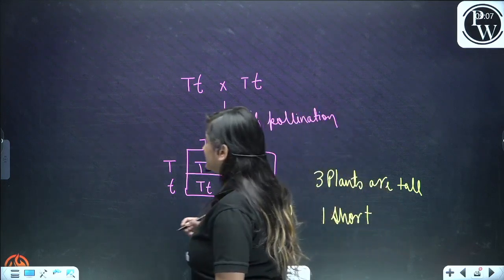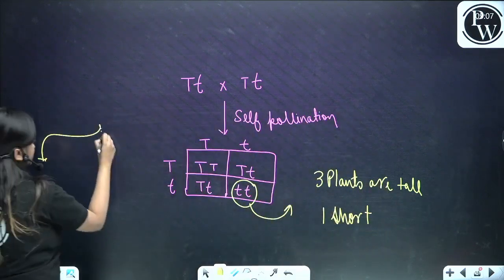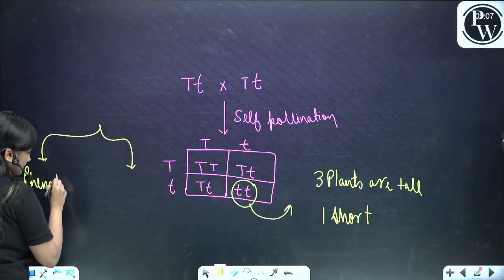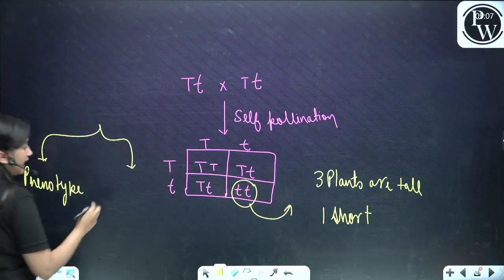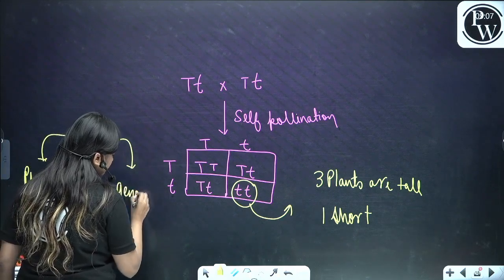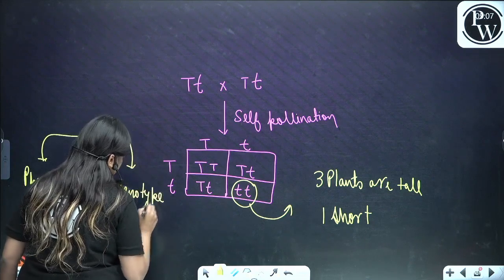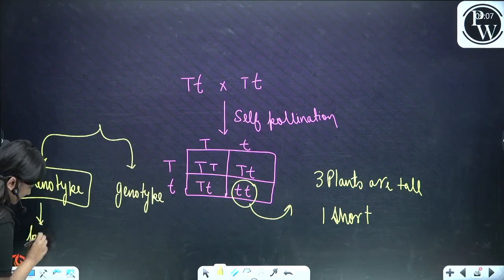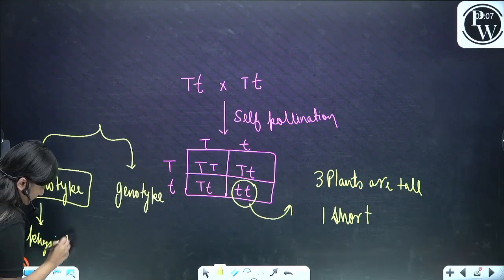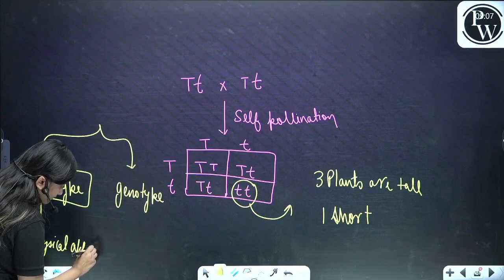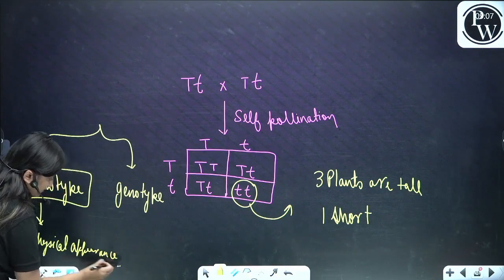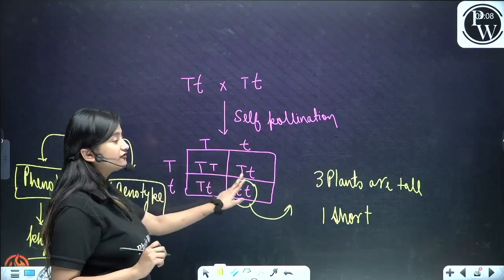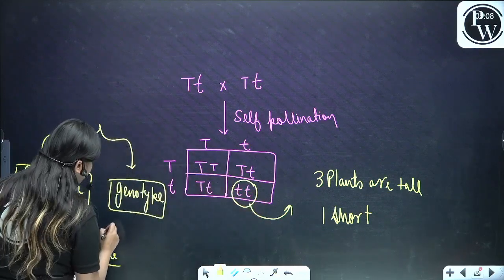Now he addressed the 2 terms, that is phenotype and genotype. Now what is phenotype? That is the physical appearance. What is the genotype? The combination of alleles.